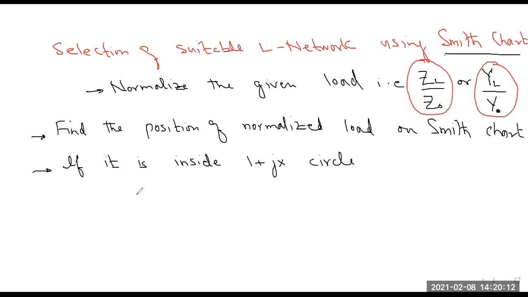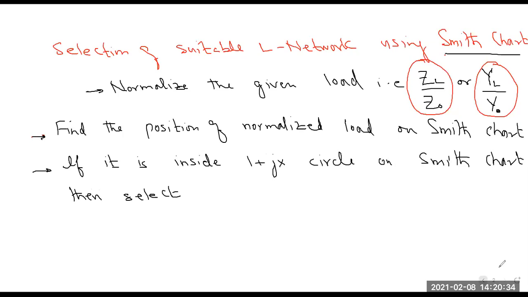So let me write it down, and then we will go through it step by step. So if it is inside 1 plus jx circle on Smith chart, then select.